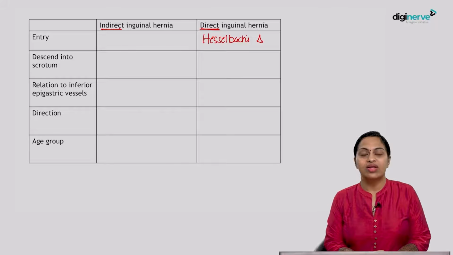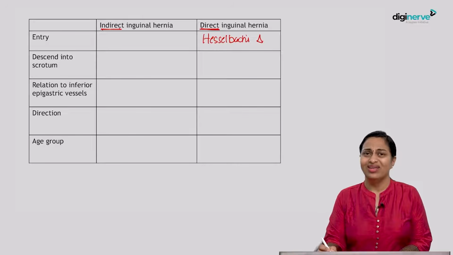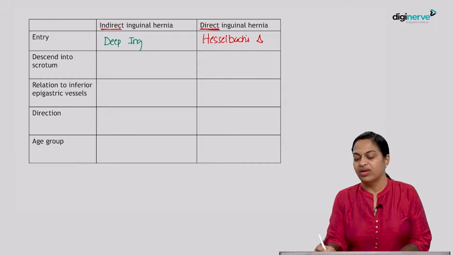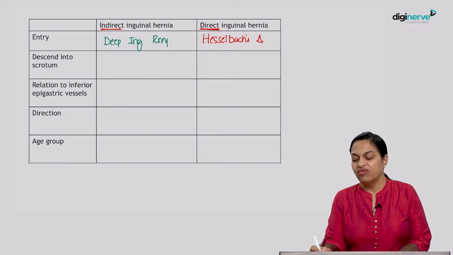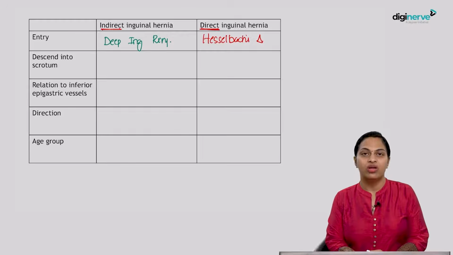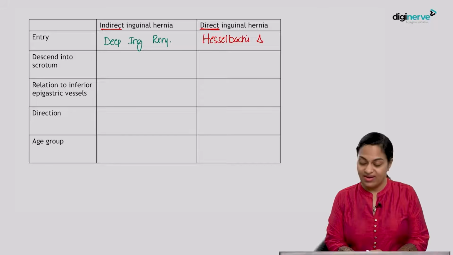Whereas in indirect inguinal hernia, the entry of the intestinal contents into the inguinal canal is through the deep inguinal ring, an opening in the fascia transversalis 1.25 cm above the mid-inguinal point, through which the spermatic cord and the round ligament of the uterus enter the inguinal canal.